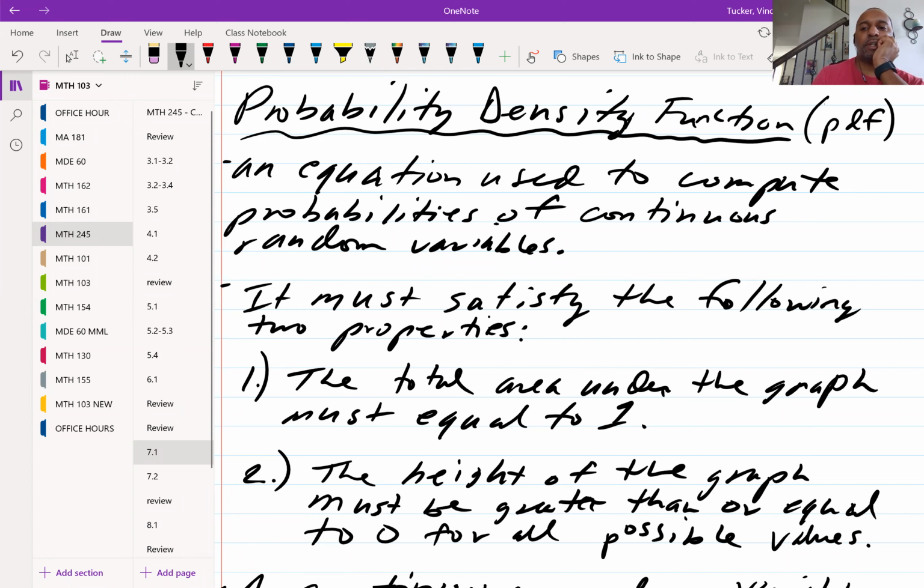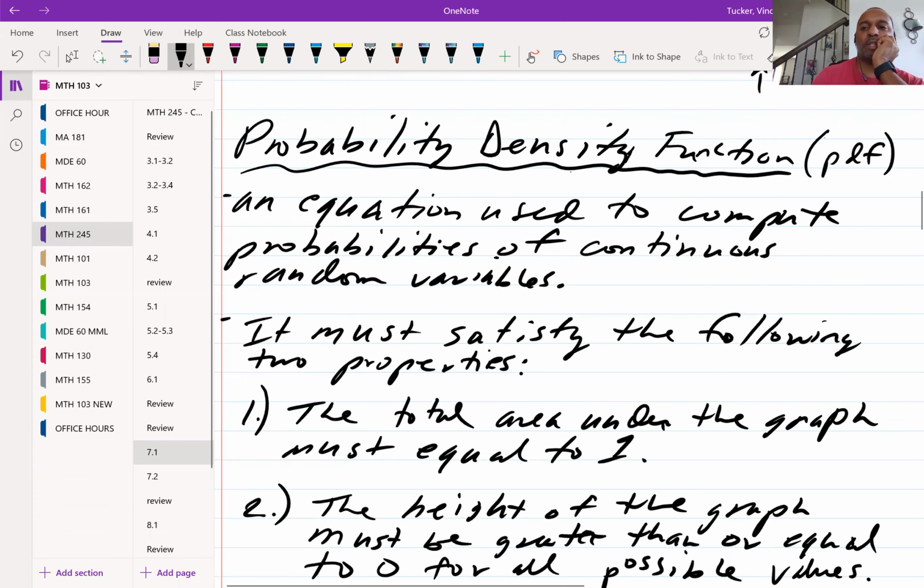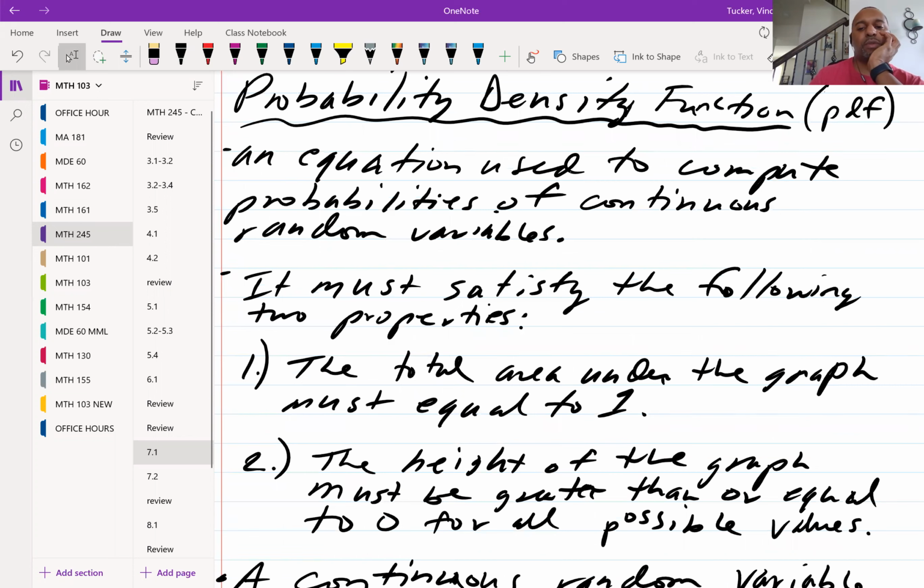So the area under the curve, we'll scroll up, talking about this purple shading here, all of that equals 1. And then everything must be positive. Notice it says greater than or equal to 0 for all possible values. So all of your probabilities will be positive.